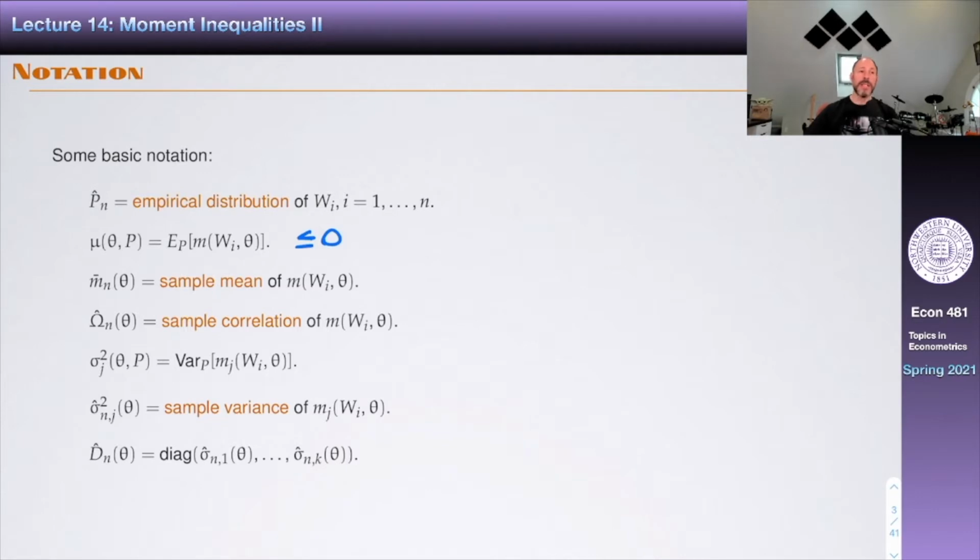And finally, the matrix that we're going to use to standardize moments is the matrix D hat, which is the diagonal of all the sample standard deviations, sigma hats.